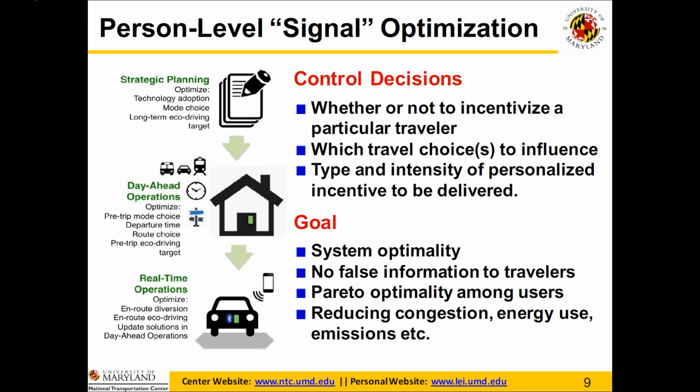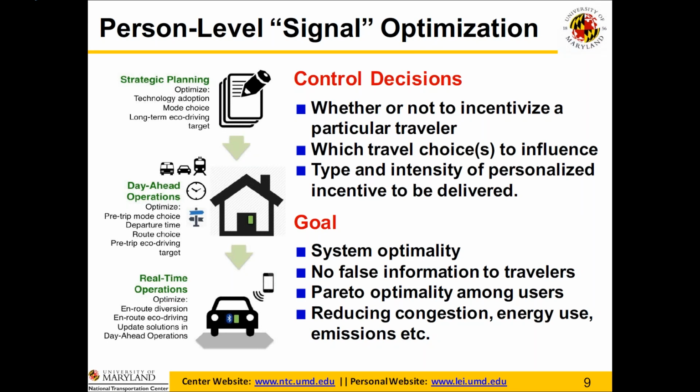It's about introducing person-level signals through individualized, personalized information that we give to the right person at the right time, giving the right person at the right time the right kind of personalized monetary and/or non-monetary incentives to get them to make the travel decisions that do not hurt themselves, that benefit them, but at the same time also benefit the entire system from a demand management perspective.